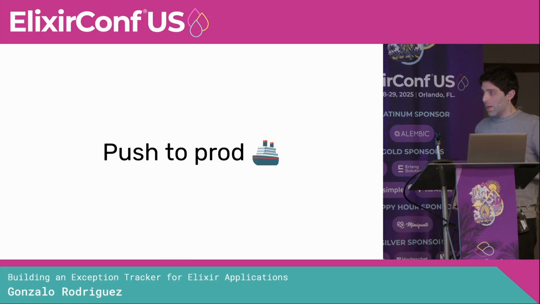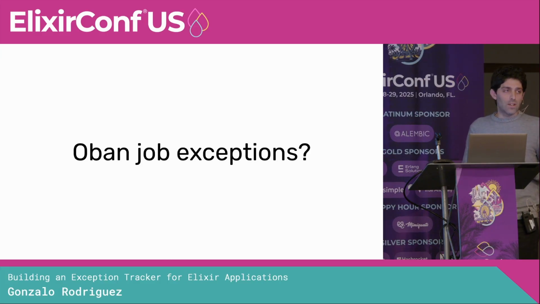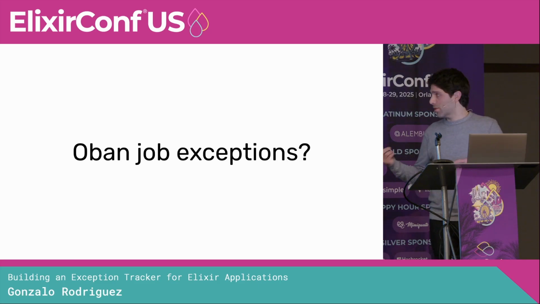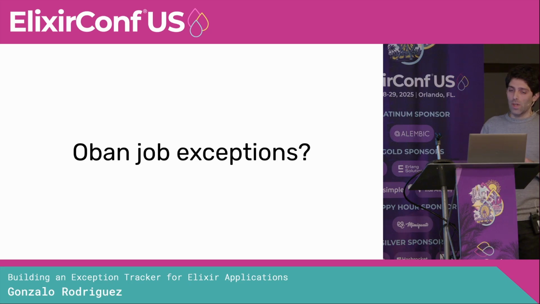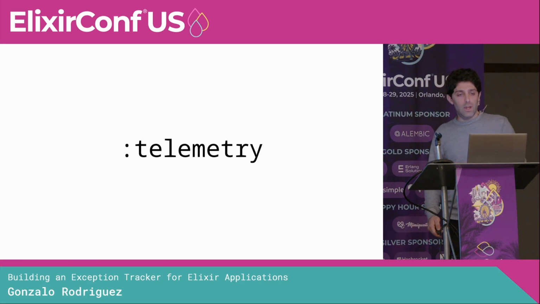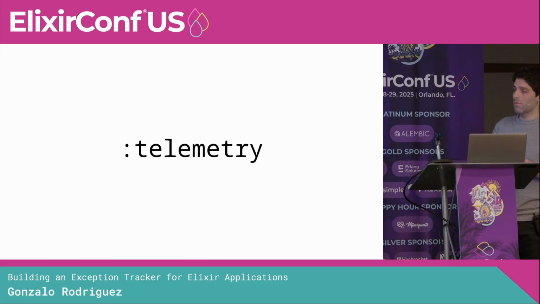But after a while, we realized that exceptions in Oban jobs were not being reported, because we learned Oban rescues them and doesn't re-raise them intentionally, but it emits a telemetry event with the exception information instead.